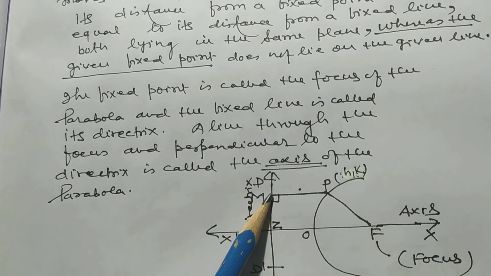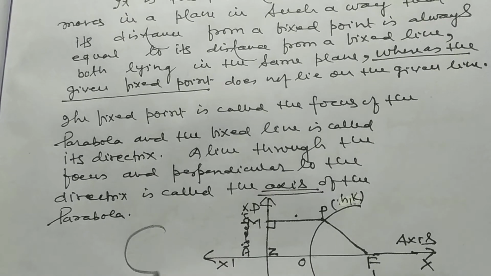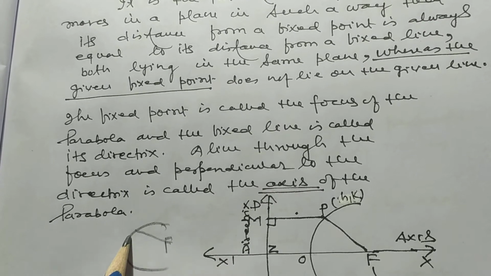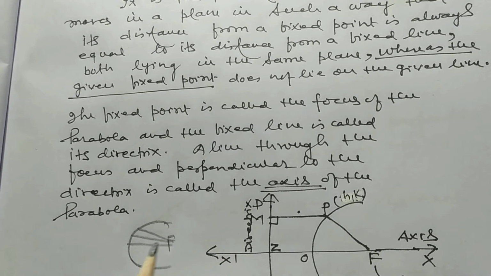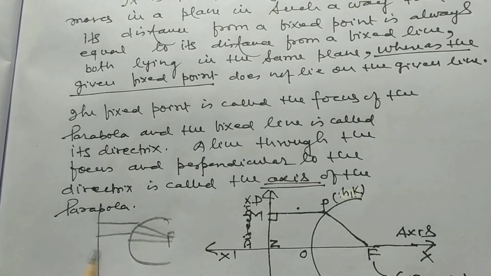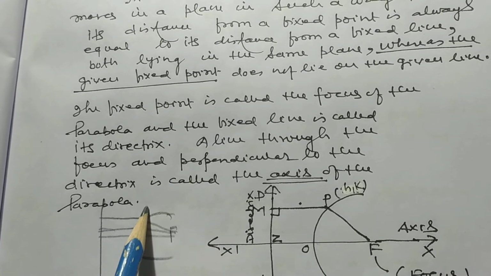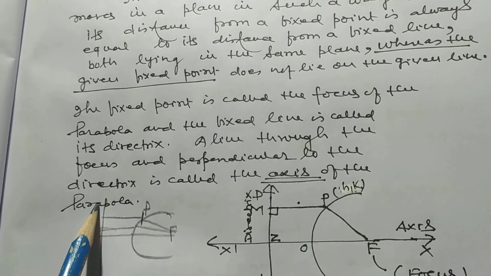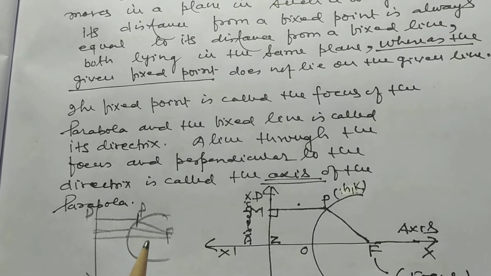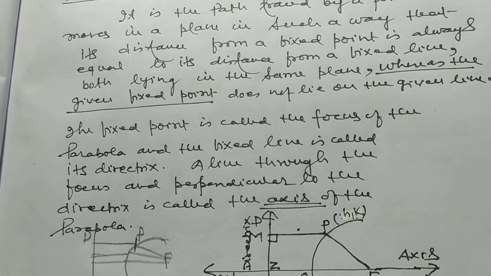So the ratio of its distance from the fixed point to its distance from the fixed line is equal. Then the path traveled by the point is known as parabola.